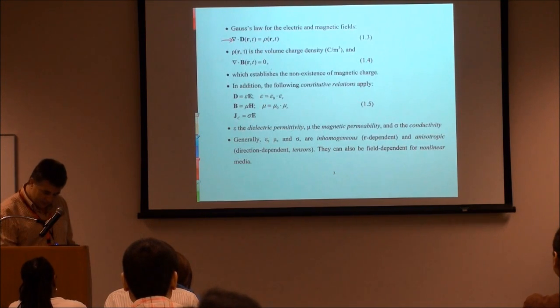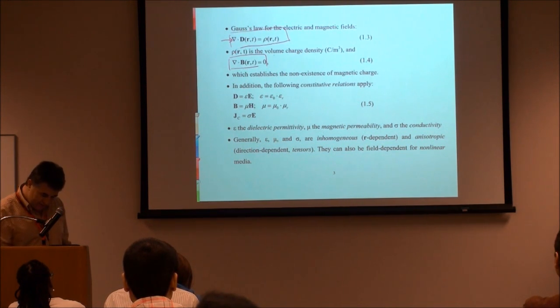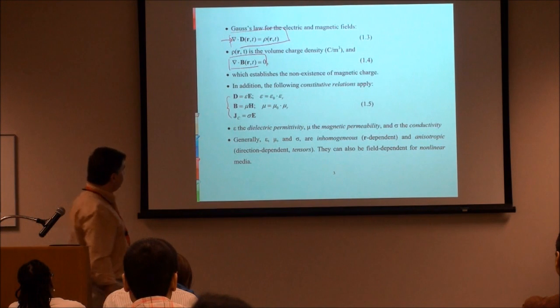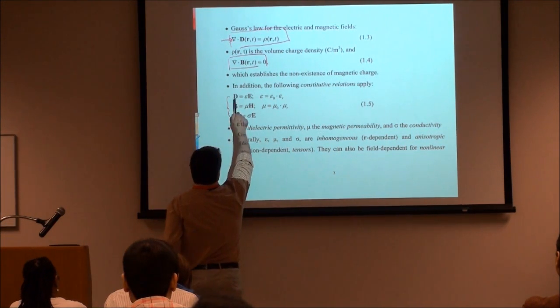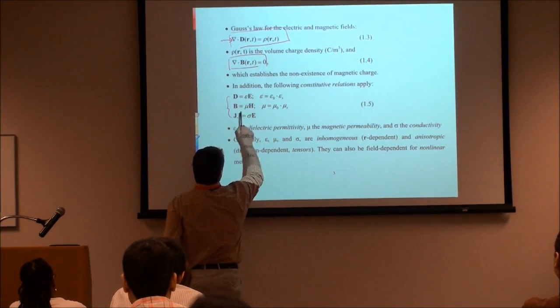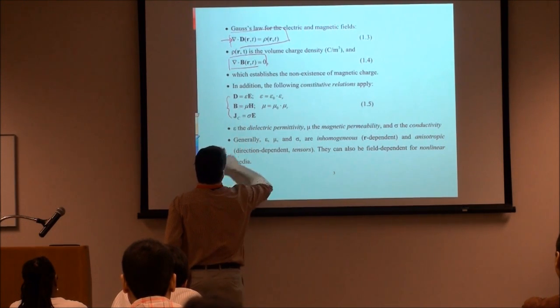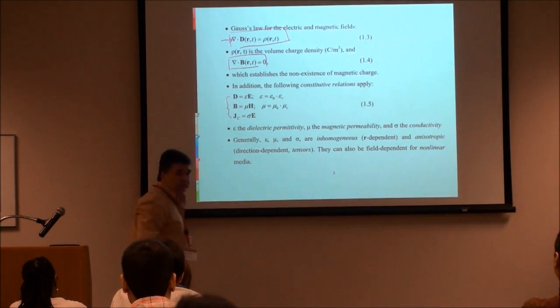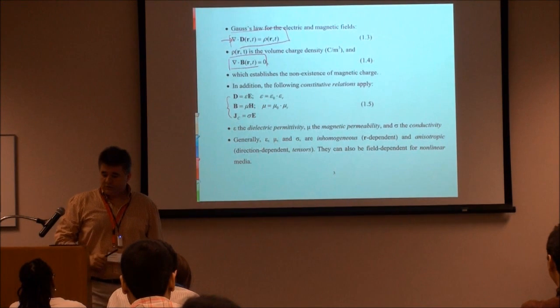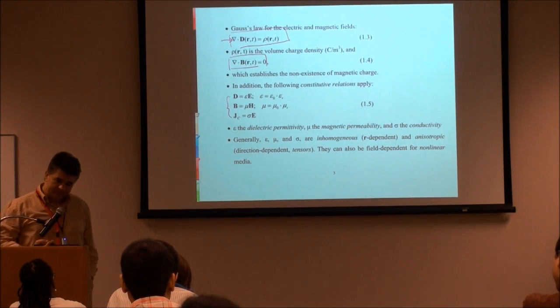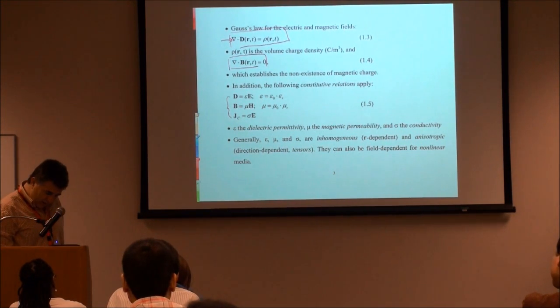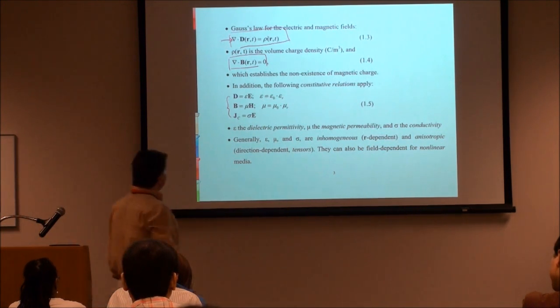Therefore, we have two more equations here about D's and B's, and then finally the material properties that are connected. So epsilon comes in here, mu comes connecting H and B, and this is the equation that I just showed you for the conduction currents. So I have divergence of D equals rho.